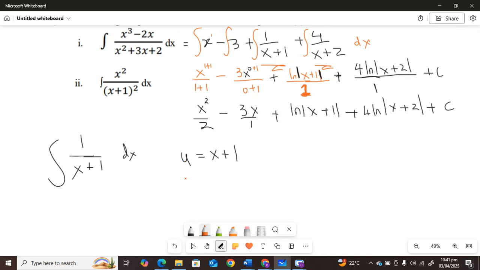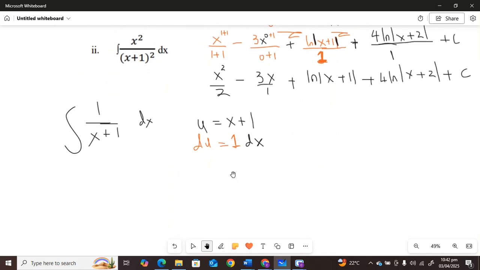We derive u, so here du. When you derive this x, it becomes a 1. Okay, and here dx. All right, so we substitute. So it's 1 over u, the dx becomes du.